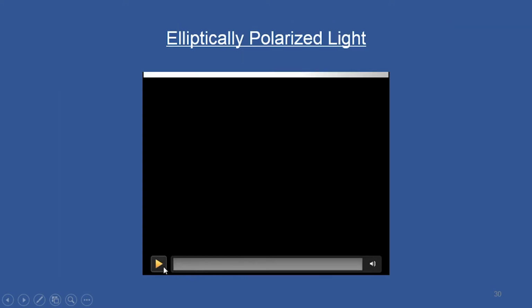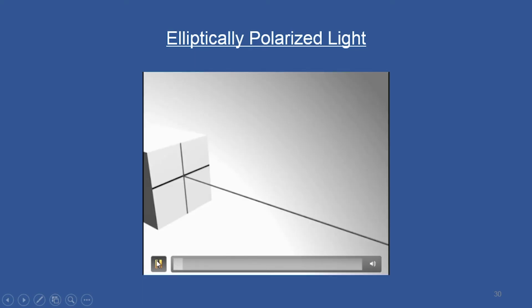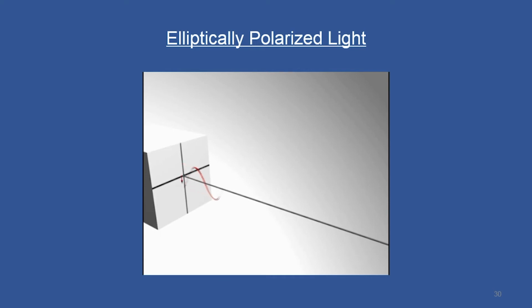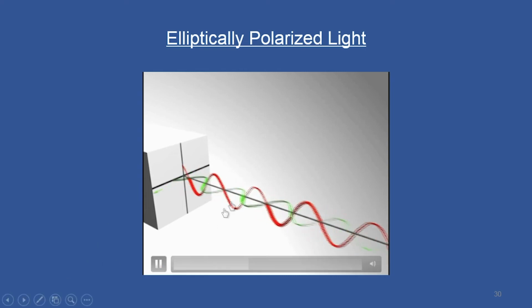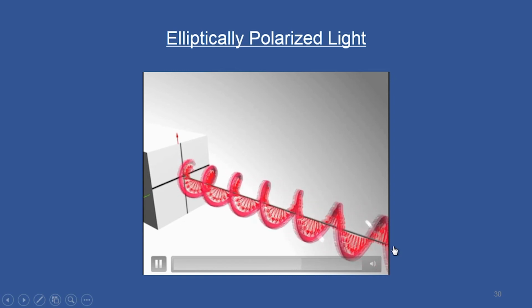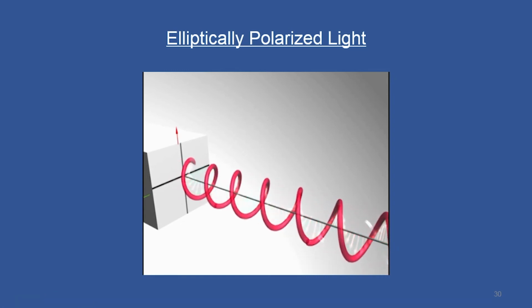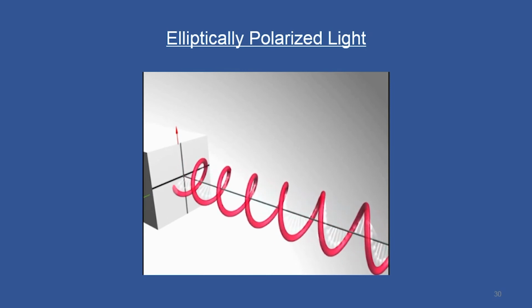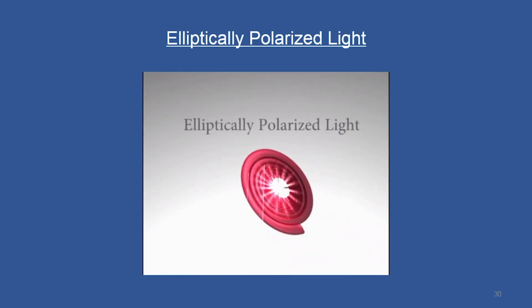Let me now run this schematic animation. You can see that suppose this is one wave, plane polarized in one plane, and the other one is a plane wave which is perpendicularly polarized. If the phase shift dynamically changes between these two, then you can see that elliptically polarized light is possible.